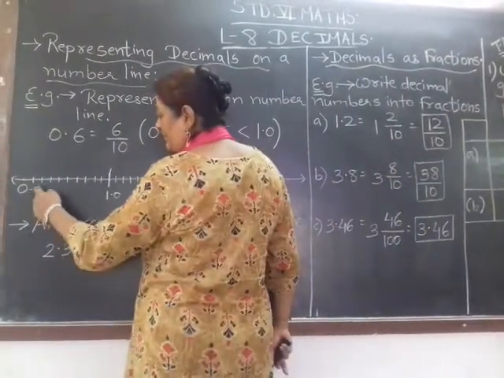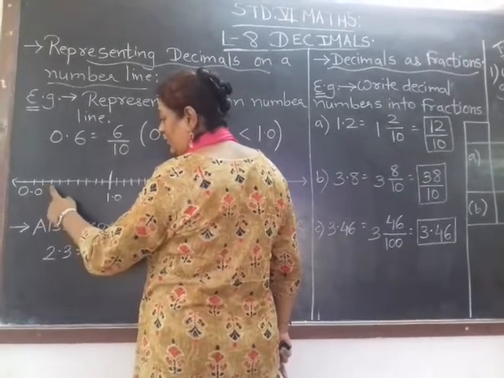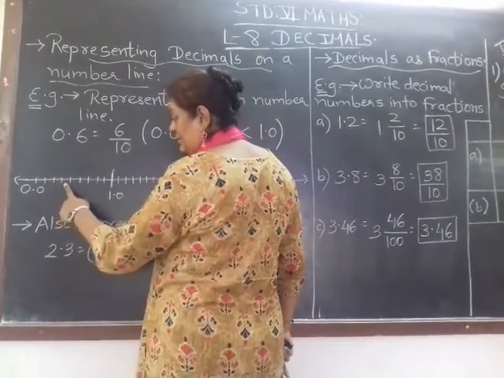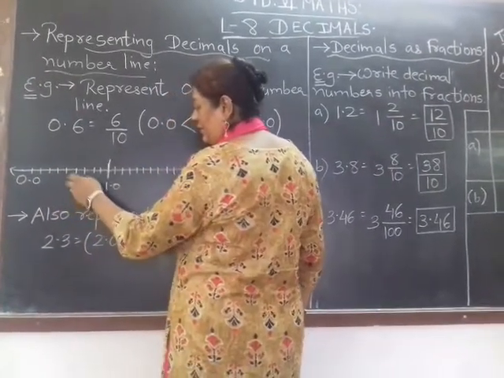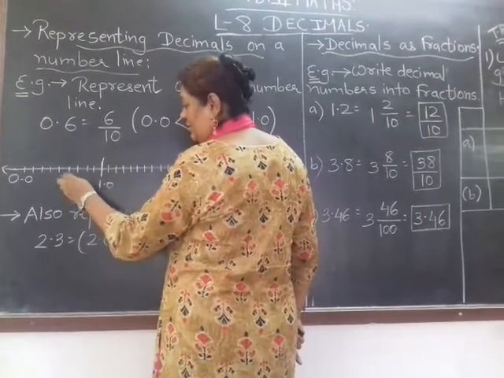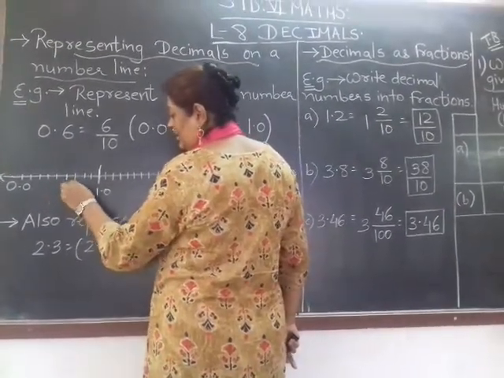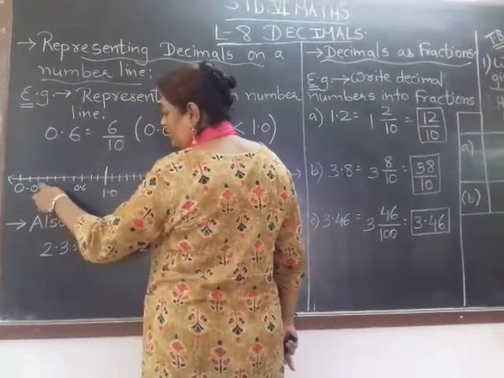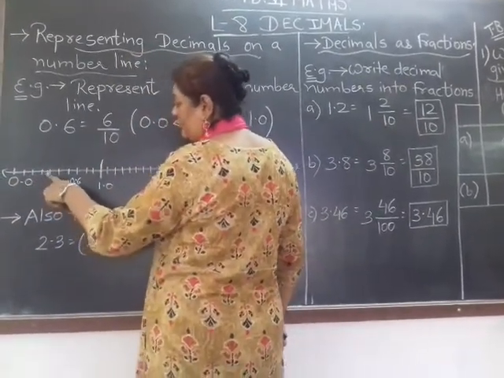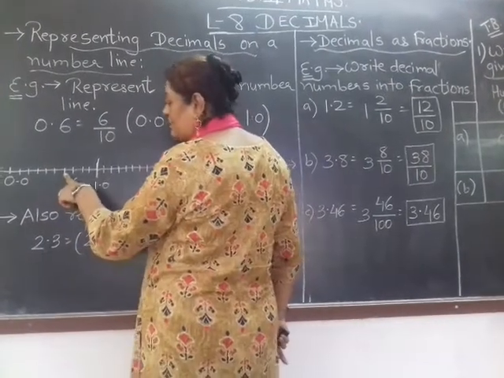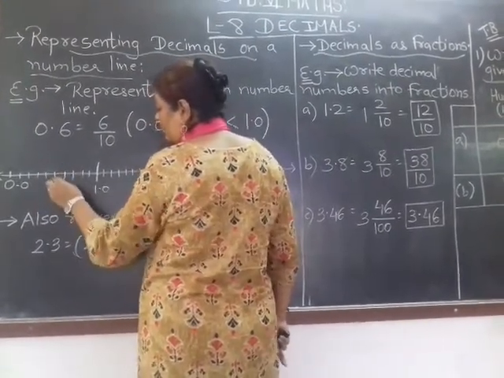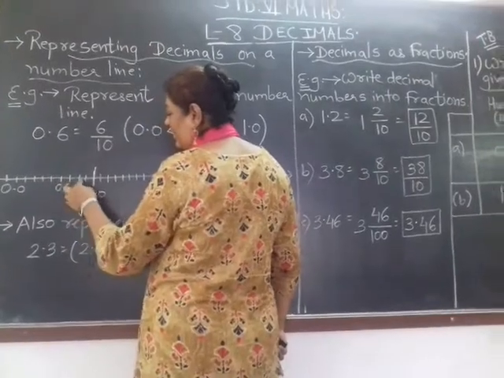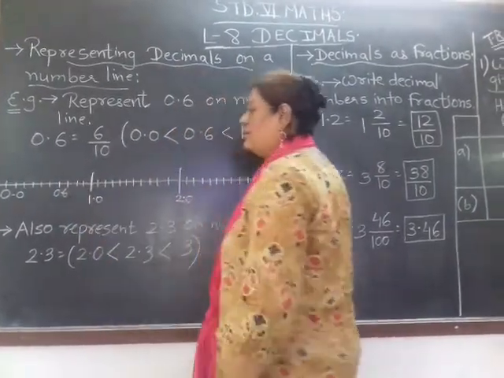This is 0.0, 0.1, 0.2, 0.3, 0.4, 0.5, and here 0.6, right? 0.7, 0.8, 0.9, and 10.